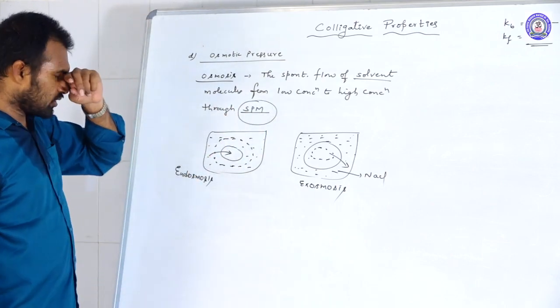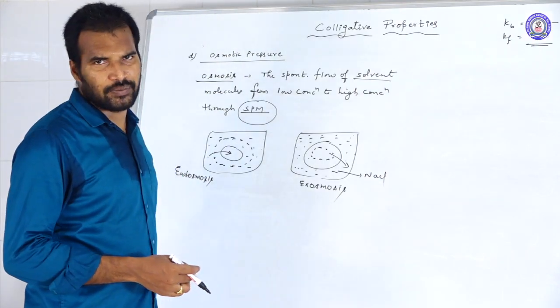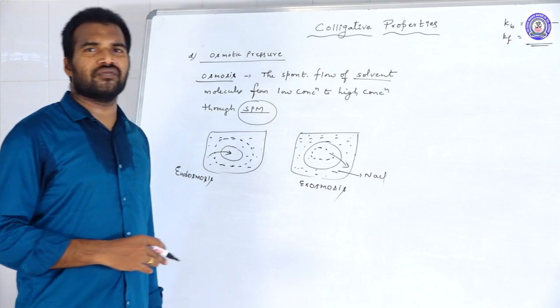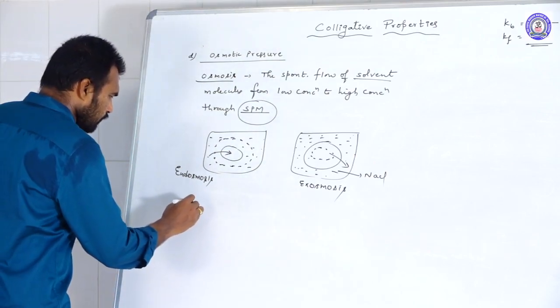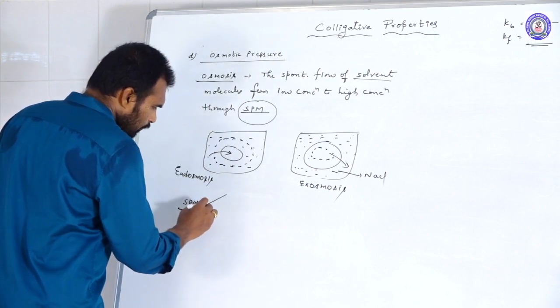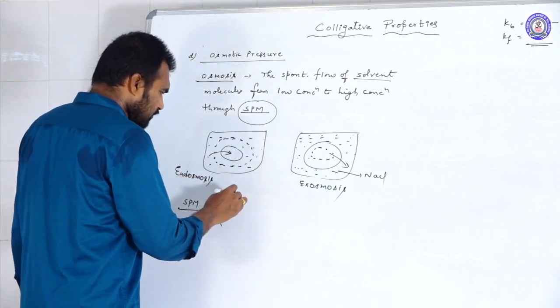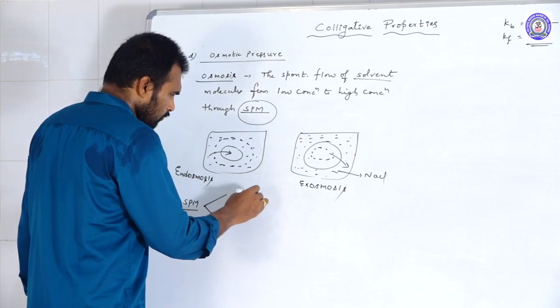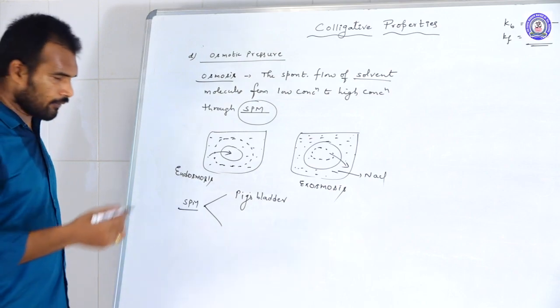This semi-permeable membrane, a few are naturally occurring and artificial ones we can also prepare. What are the examples coming from natural sources? You take pig's bladder. Pig's bladder we can use as a cell membrane.